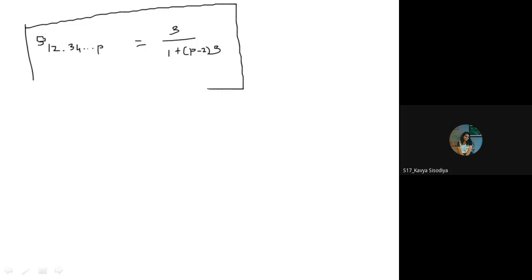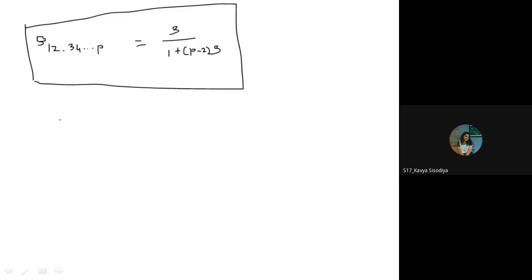So can I write, if I wish to find out the partial correlation between 1 and 2 when the rest are fixed, how many variables? p minus 2 variables are there, no? So it is nothing but rho upon 1 plus p minus 2 rho. So this is the general setup.